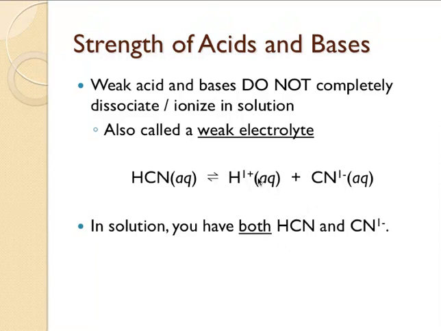I will have the H plus ion, and I will have the CN minus 1 ion. All right, we'll have all 3 of those things in solution.